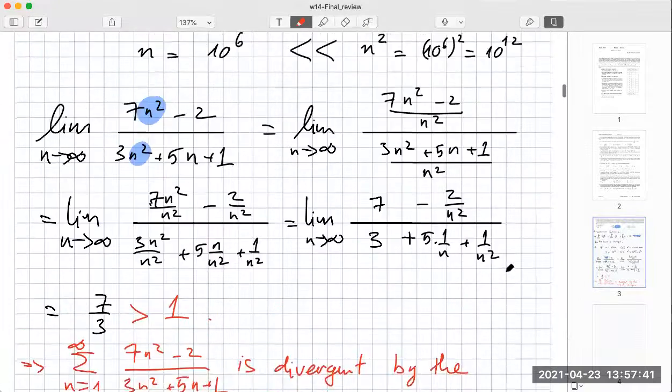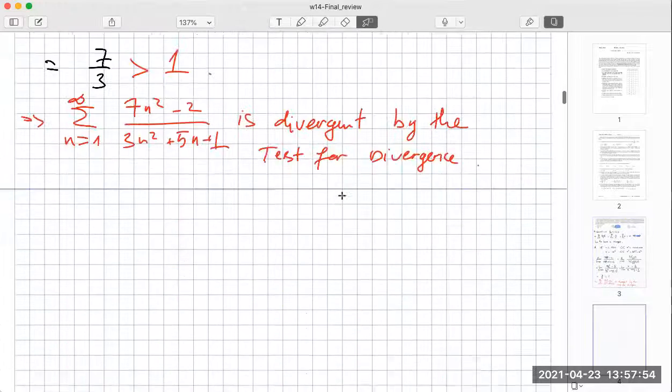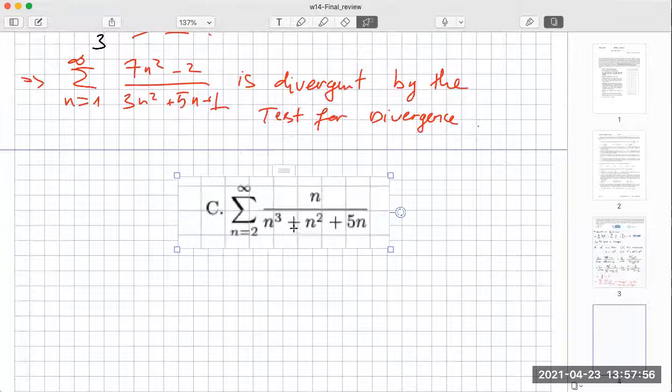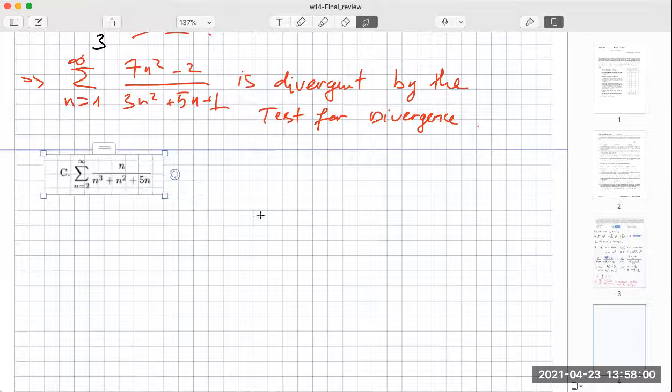Now, what's next? Want to try this one? C, okay? C here, as we have just discussed a few minutes ago. When we look at the highest order of the numerator and the denominator, in this case, what is the highest degree of the numerator? n, right?